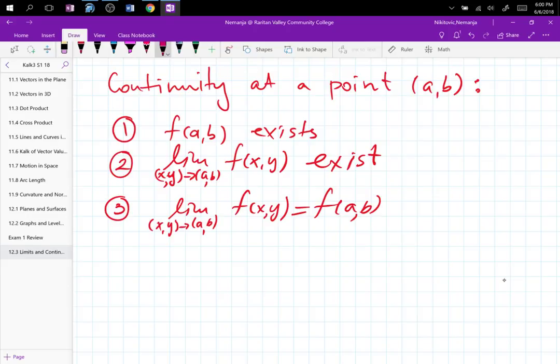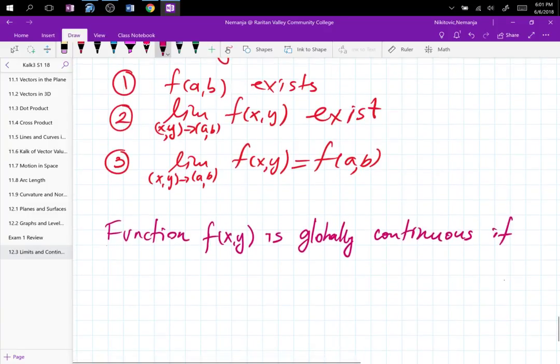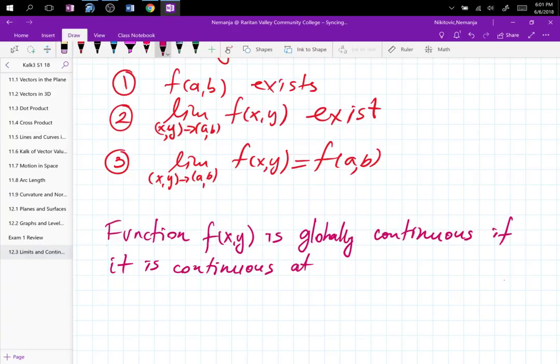So now the theorem would say: function f of x, y is globally continuous if it is continuous at every point of its domain.